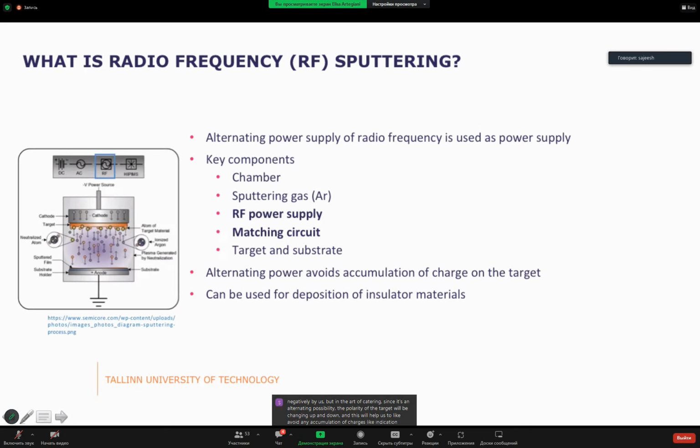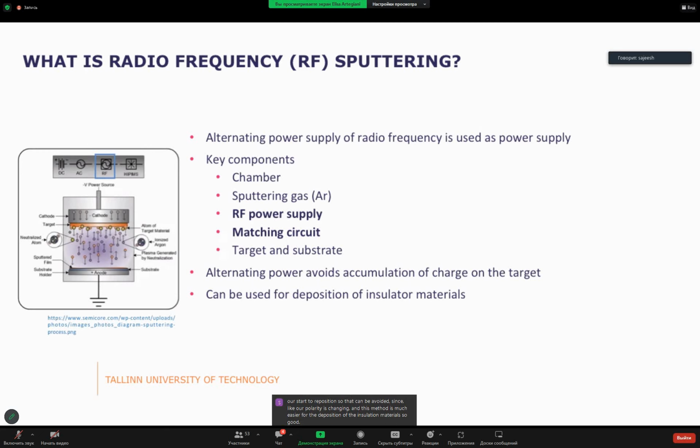In the case of DC, since it's always negatively biased, positively charged ions can accumulate there and disrupt our sputtering deposition. That can be avoided since the polarity is changing, and this method is also much easier for the deposition of insulating materials.